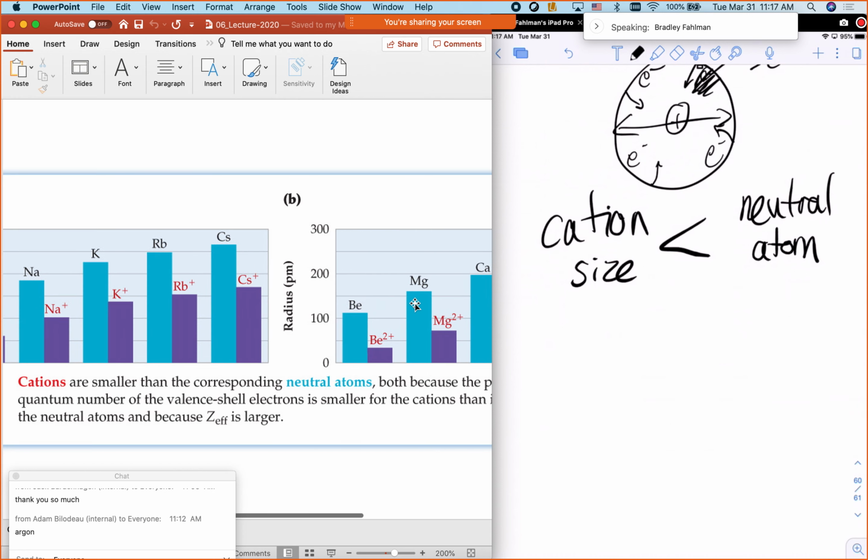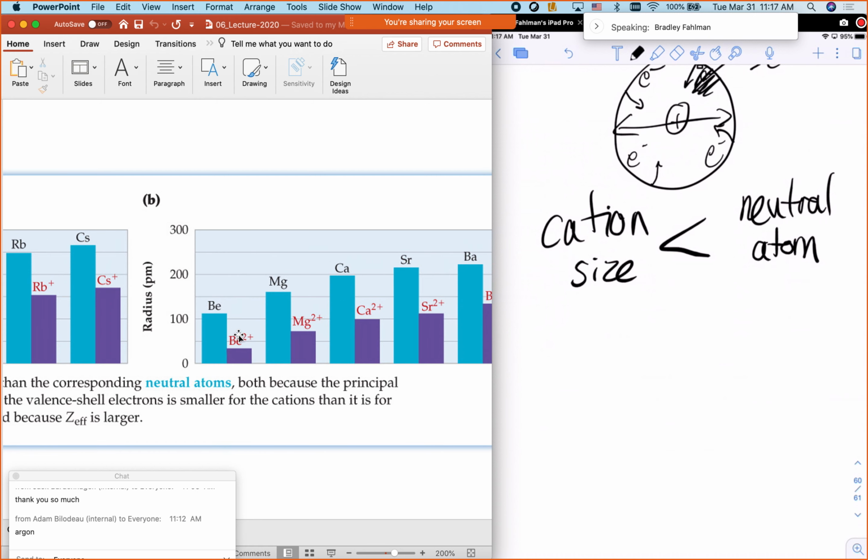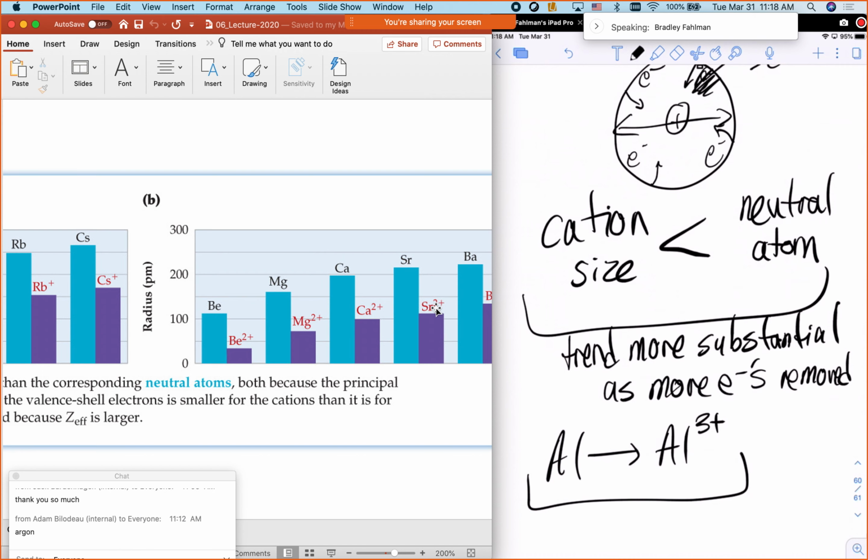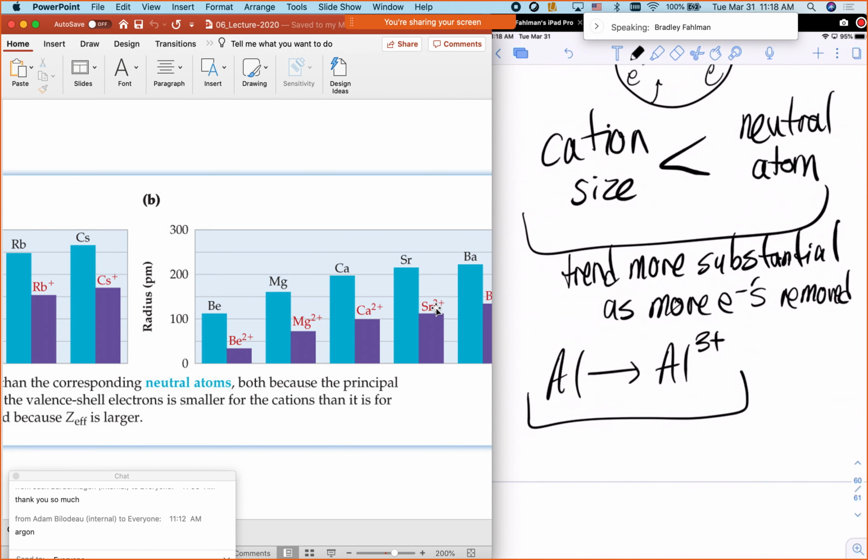But if we look at the next group, like beryllium, now it's even more significant, okay? So I guess this trend is more substantial as more electrons are removed. Okay, so for instance, aluminum to aluminum 3 plus is going to be a huge difference in ionic radius, relative to the neutral atom.